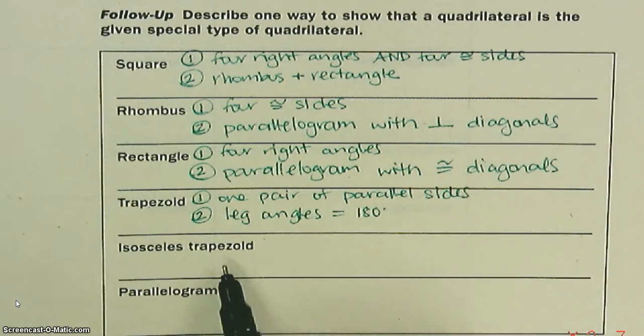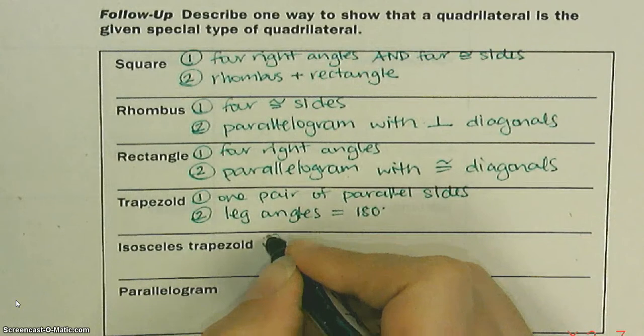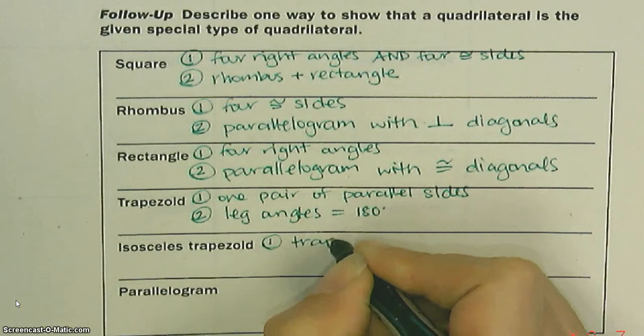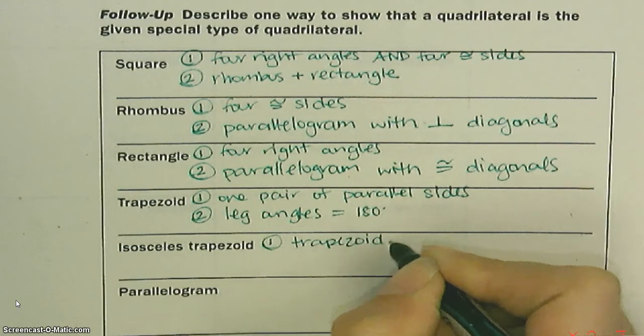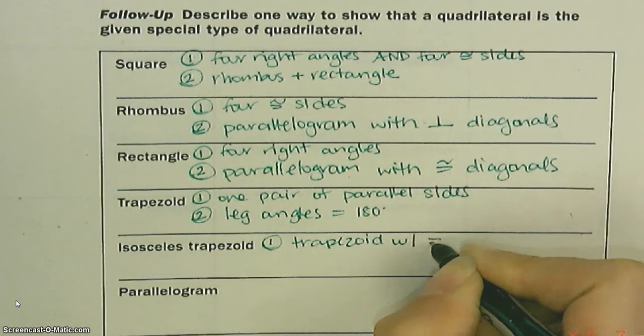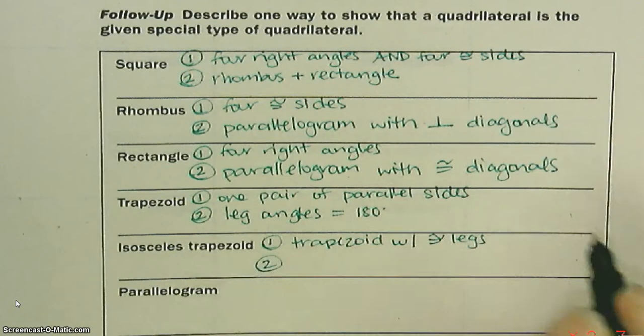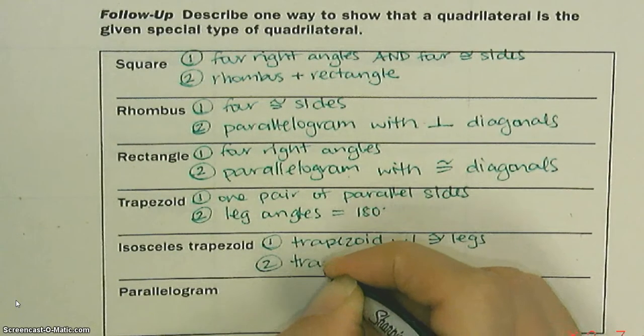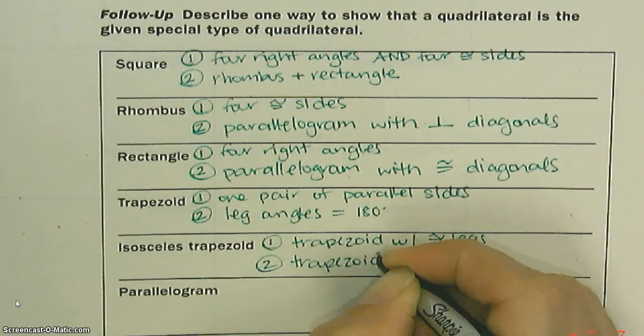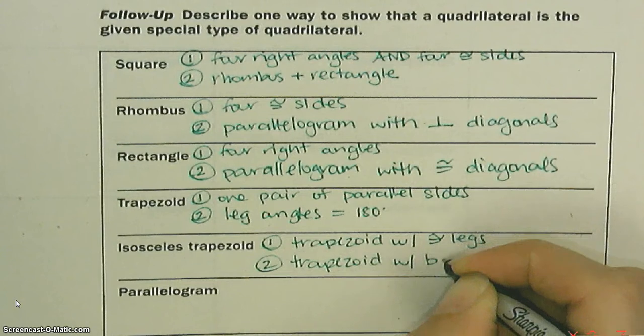For an isosceles trapezoid, we need to see that it's a trapezoid with congruent legs, or we need to see that it's a trapezoid with base angles that are equal.